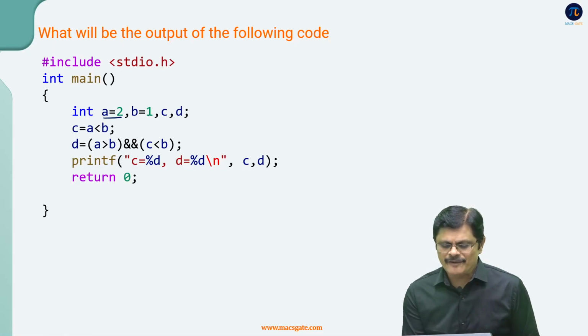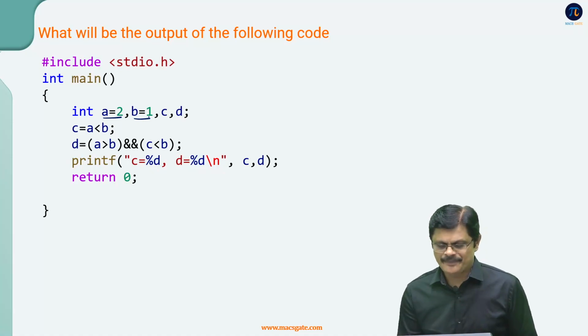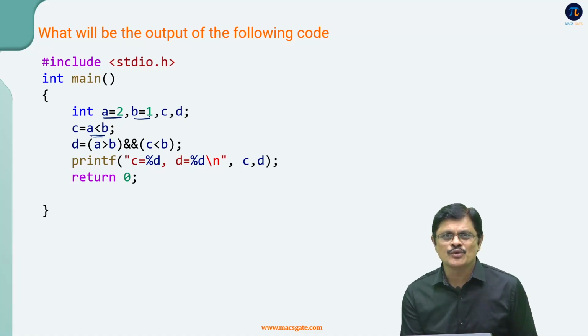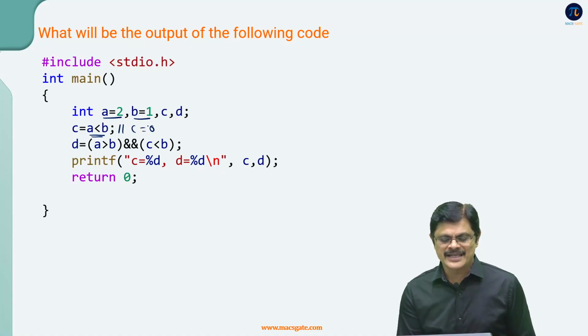Now, here the value of A is 2 and the value of B is 1. Now, here C is assigned the value of A less than B. A less than B, 2 less than 1 is true? No, false. So, the C value is 0 because 2 less than 1 is false.